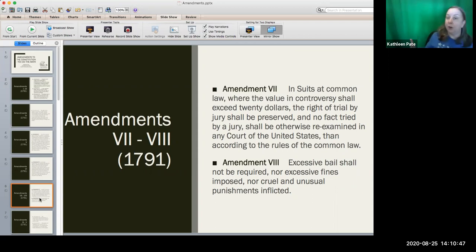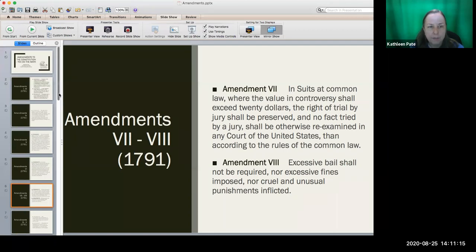So these were also things that the founders were concerned about. So concerned about individual liberties, freedom of assembly, freedom of religion, but also setting up amendments to the Constitution that really spell out how the courts will act to make them fair and just.